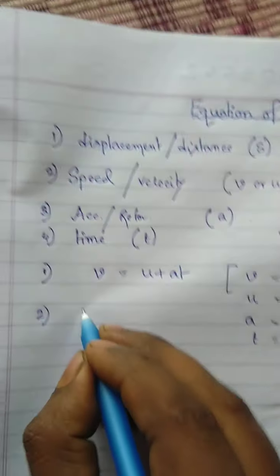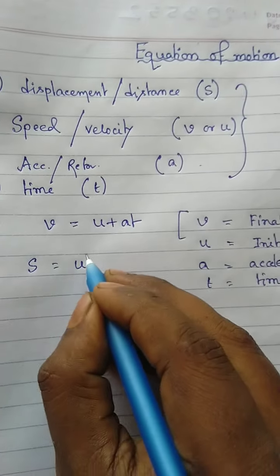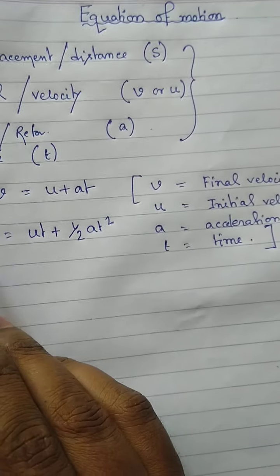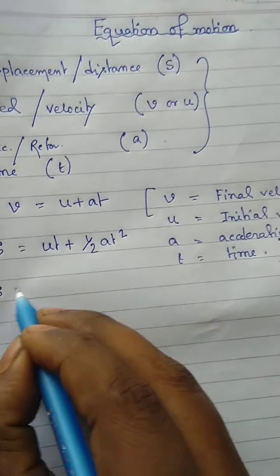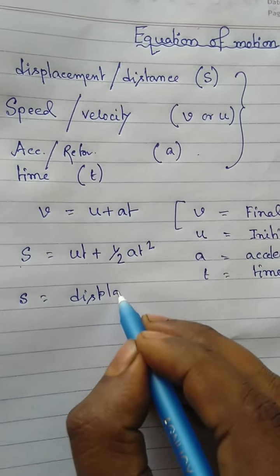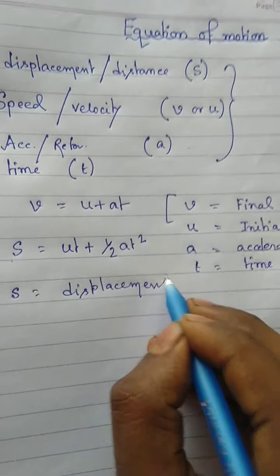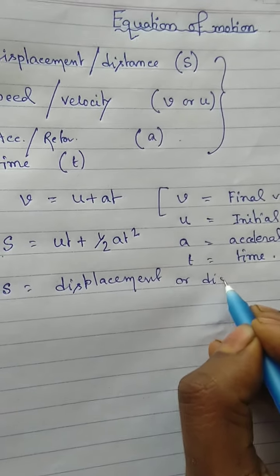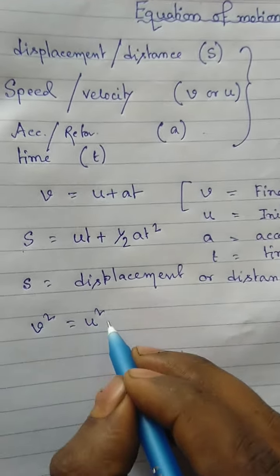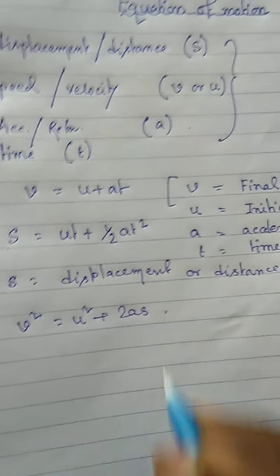Now the second equation is S equal to UT plus half AT square. Now this quantity S is displacement or distance. Okay. Now there is another equation which is V square equal to U square plus 2AS.